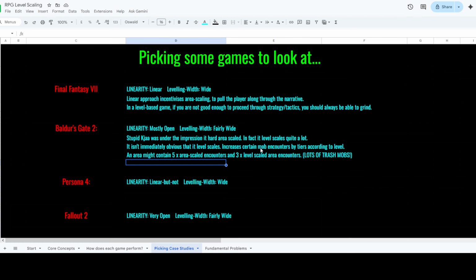And we'll come on to this when we talk about fundamental problems in a second, but most of the time I think the issue that players have with level scaling, as they perceive it, is that they don't feel like they're getting the benefit from leveling up. And if you're in an RPG and you don't feel that you're getting the benefit from it, it's just not a good sign.